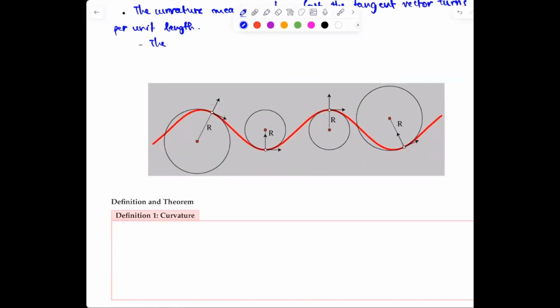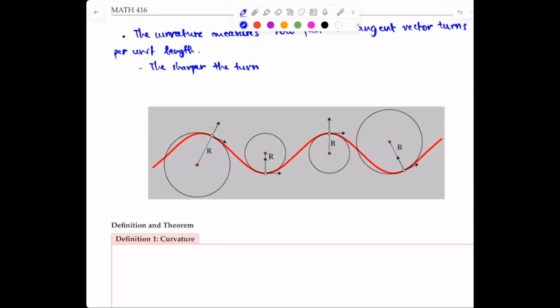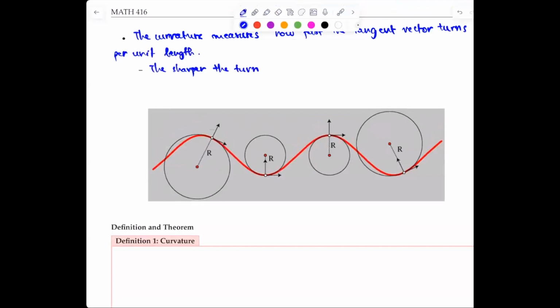Now the sharper the turn on the graph, the greater the curvature, and the smaller the radius of the inscribed circle.